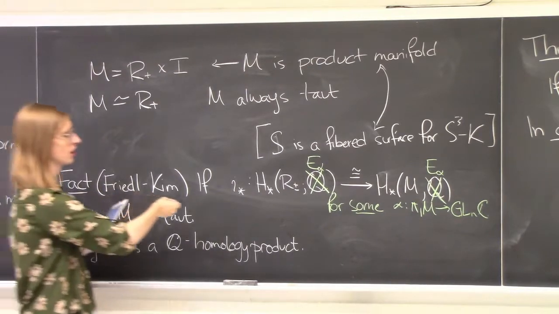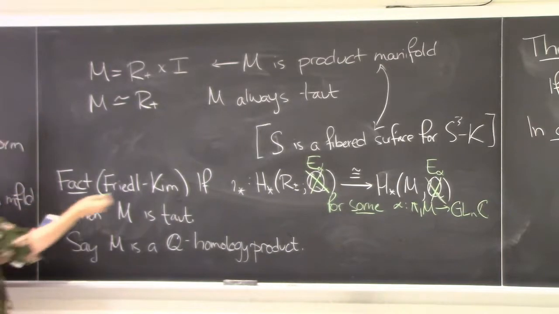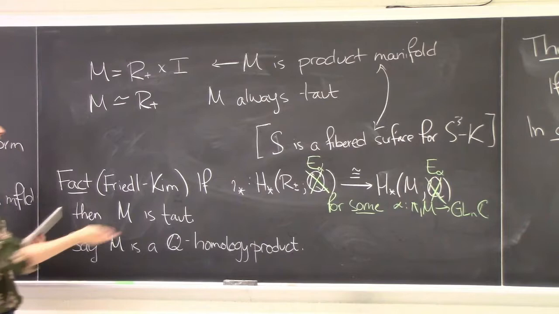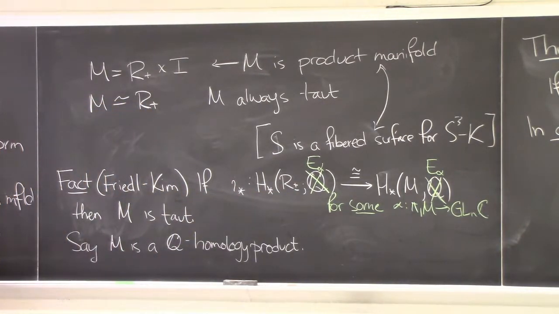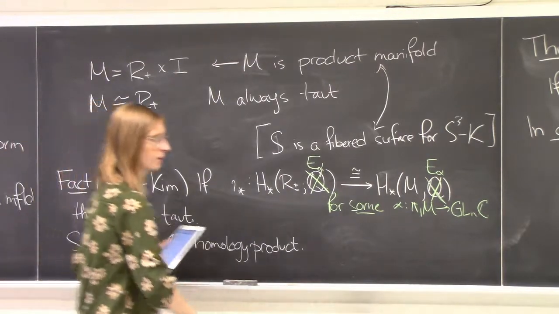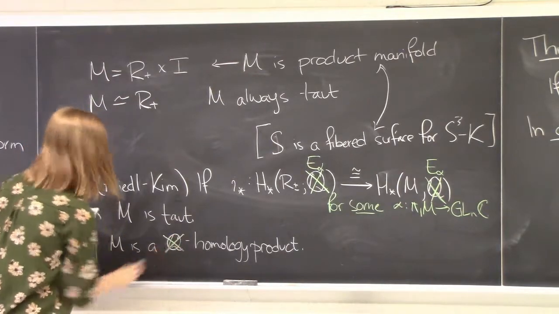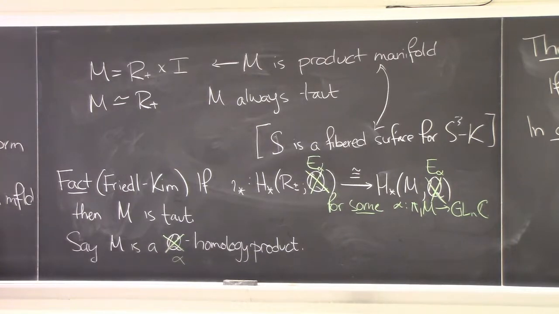If I'm a homology product with these twisted coefficients, if I have some representation, any representation, which realizes these as isomorphisms, then my sutured manifold is taut. And again, to cross out my rational numbers and replace them with my twisted information. In this case, we say that M is an alpha homology product, or if we don't want to refer to the specific representation, a twisted homology product.